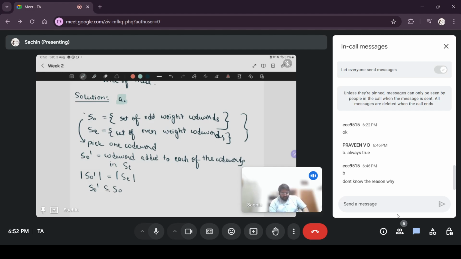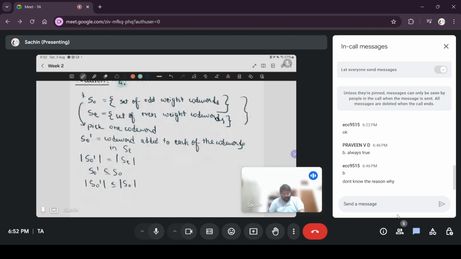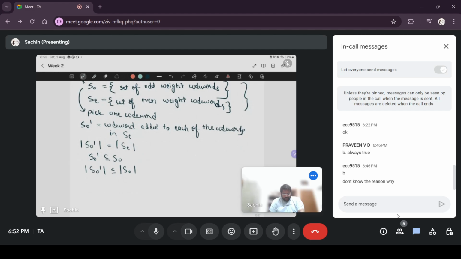Right, this SO is the set of all odd weight code words. And this SO prime is a set of some code words of odd weight, and it has only odd weight code words. So SO prime must be a subset of SO. That would mean that the cardinality of SO prime must be less than or equal to the cardinality of SO.